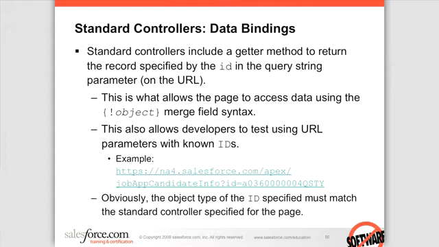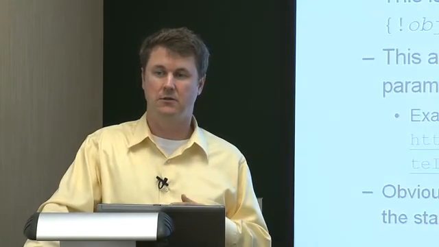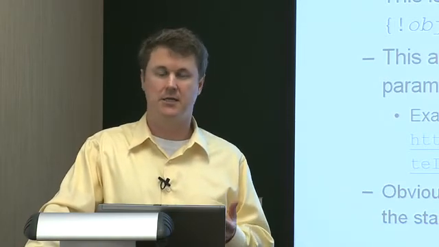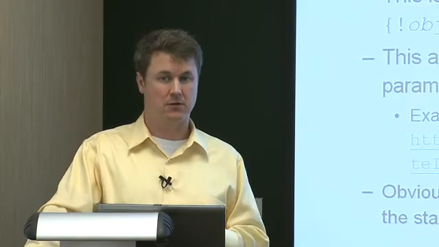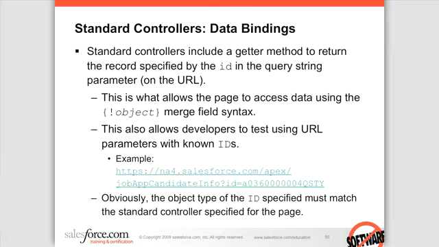We can also access one level down, we can view the related list. So we could identify a related list that we'd like to view fields from that child object type. In addition, we can also navigate 5 levels up and view data from parents, grandparents, and so on of any objects which are related to the current object. And once again, we know which record based on the ID parameter.